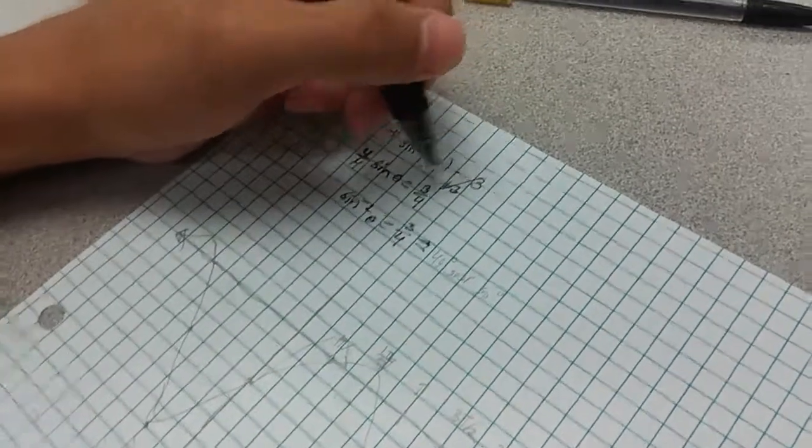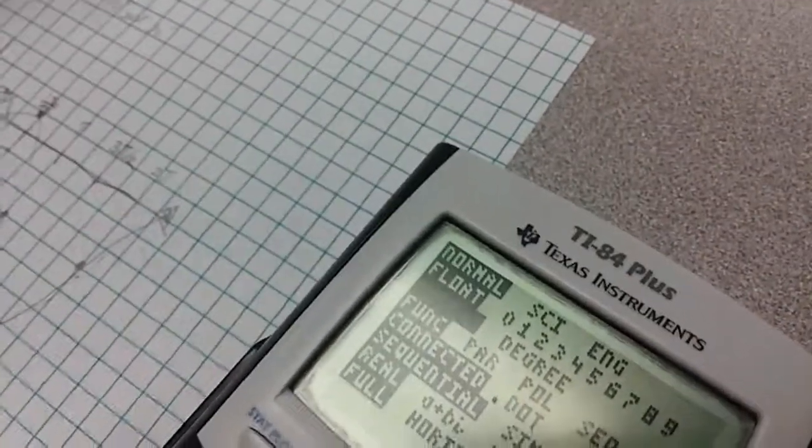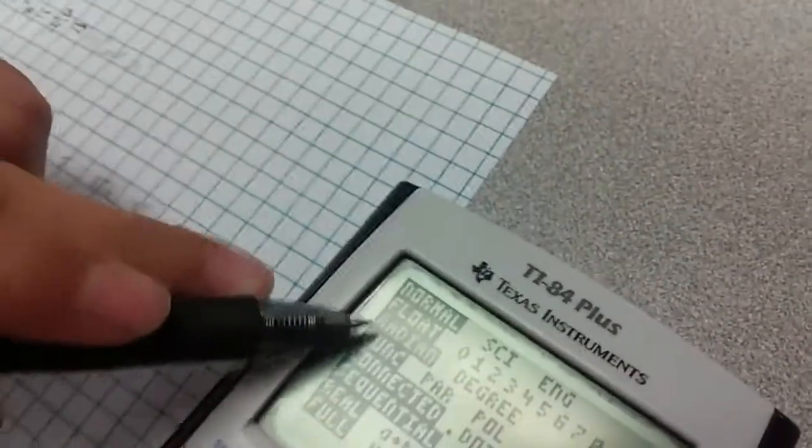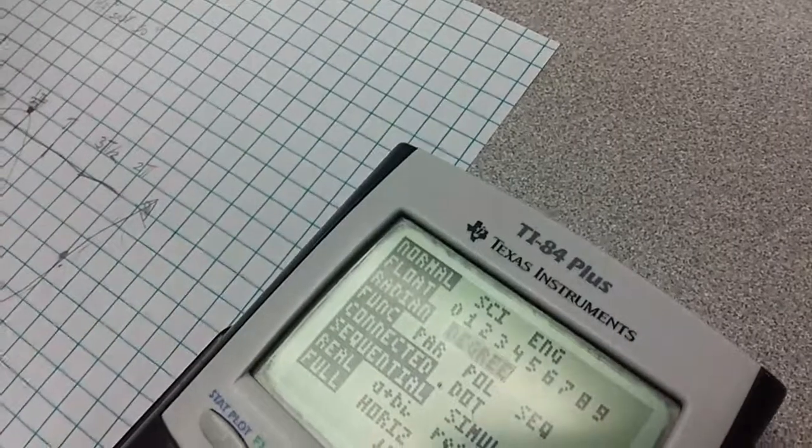You have to change it before we could enter it in the calculator. As always, check the difference between whether it's on radian or degree.